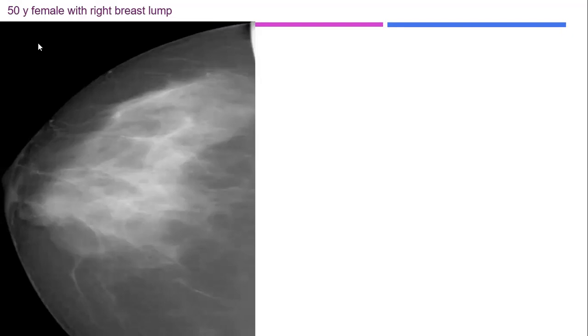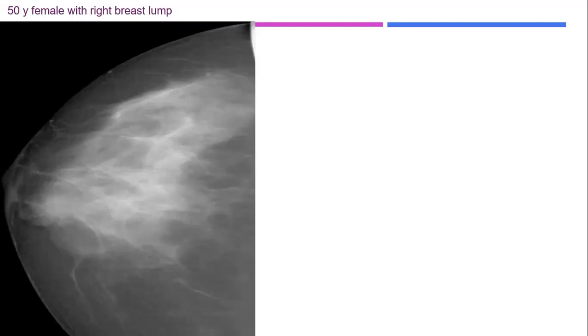We usually have to consider the patient's age. Did you see the history? Yes, she has a right breast lump. So it is a palpable abnormality.